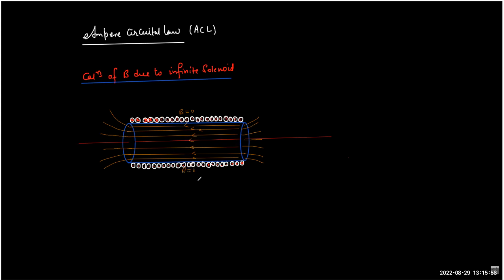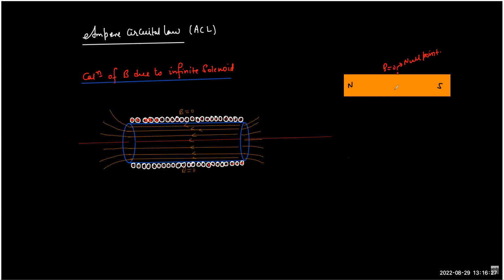And that is a property of any bar magnet as well. If you have a bar magnet with the north and the south pole, then exactly at the center is called the null point, and a null point is a place where you won't get any magnetic field.